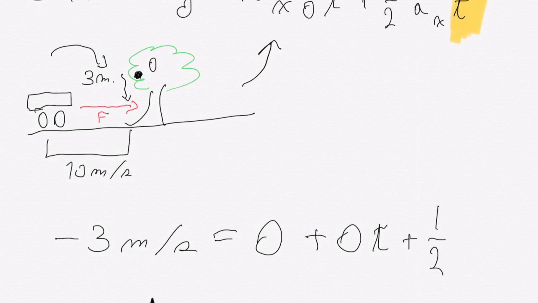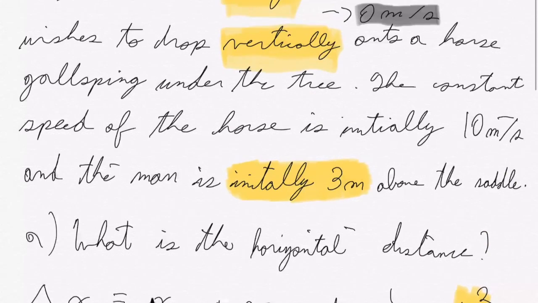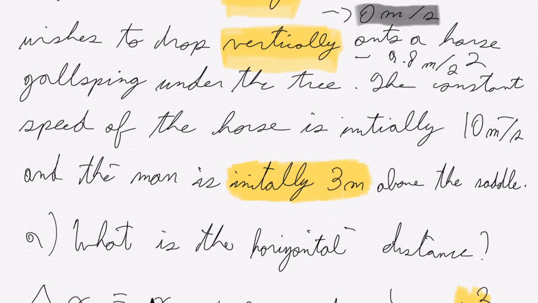Now, what is our acceleration? Well, like I said before, we are falling vertically, which means we're under the acceleration of gravity, which, since we're using meters per second, would be 8 meters per second squared. Let me highlight that really quick. Let me use a different color.